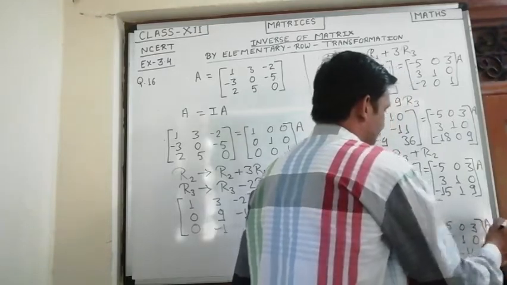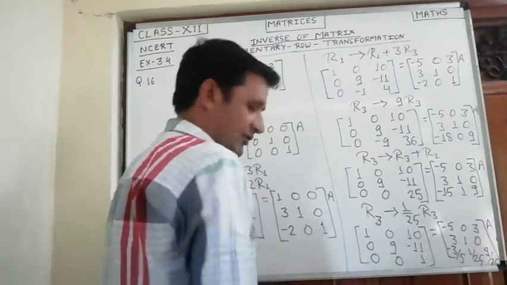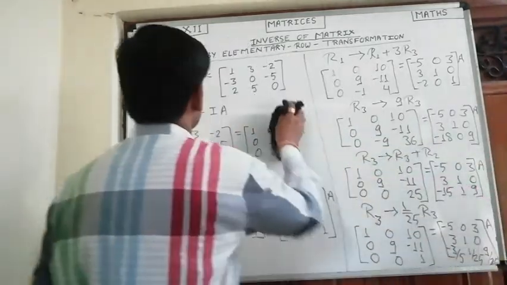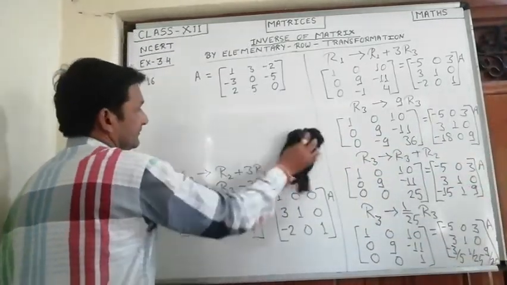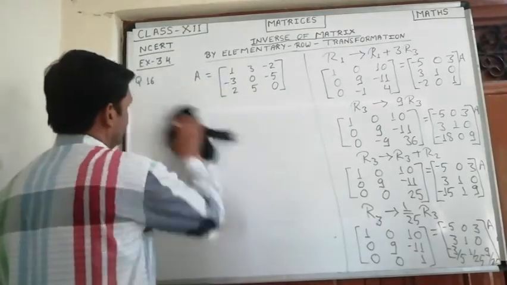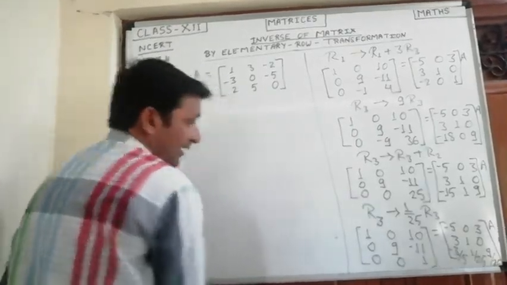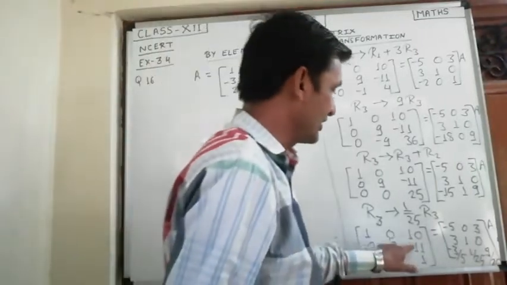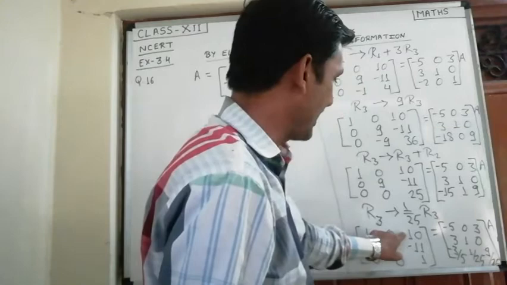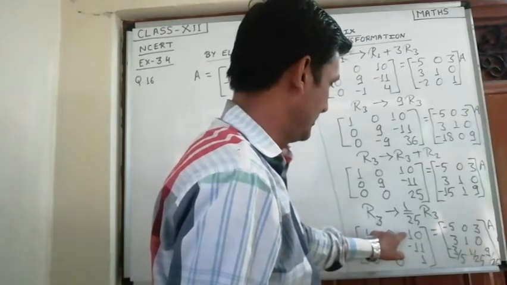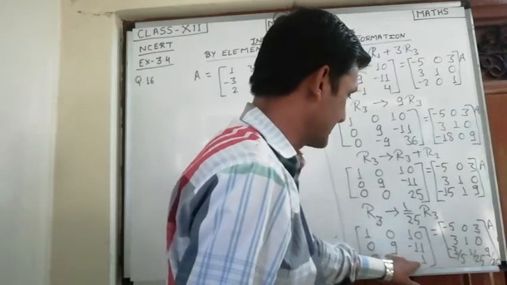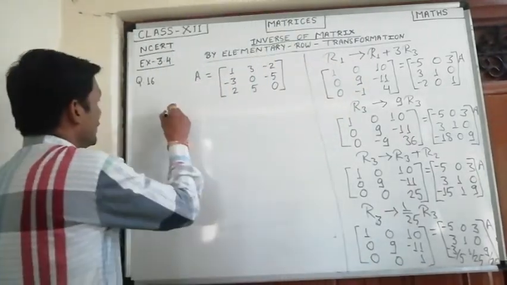Into 8. Now on further solution, this will become... now we can make this also 0 and this also 0. How? Because we have made this 1. If we apply here R1 minus 10 R3, so it will become 0.